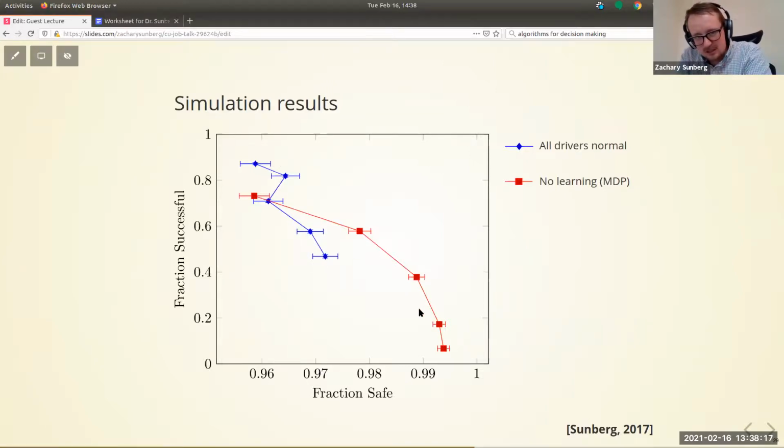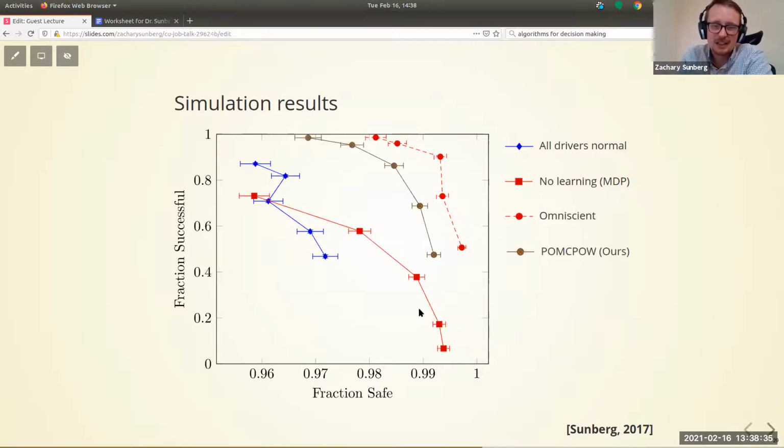So the first question to ask is, can we do better if we somehow magically knew the internal states, if there was no epistemic uncertainty? We did this test. We imagined that we knew exactly what the internal states were. We were omniscient, and we got this curve. So there is a big gap here. The next question is, can a POMDP planner actually close this gap? It turns out that we were able to in this simulation setting.